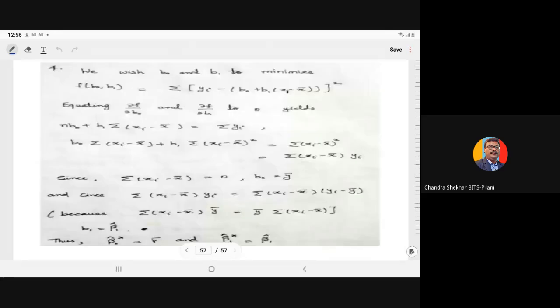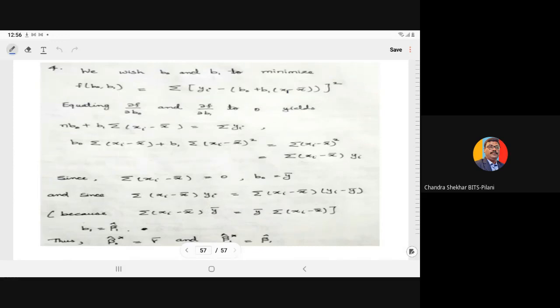So instead of the simple linear regression, we are taking a slightly modified one, and we have to determine the unknown coefficients.